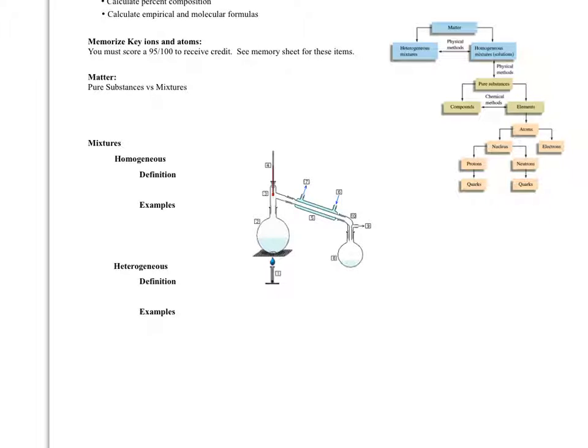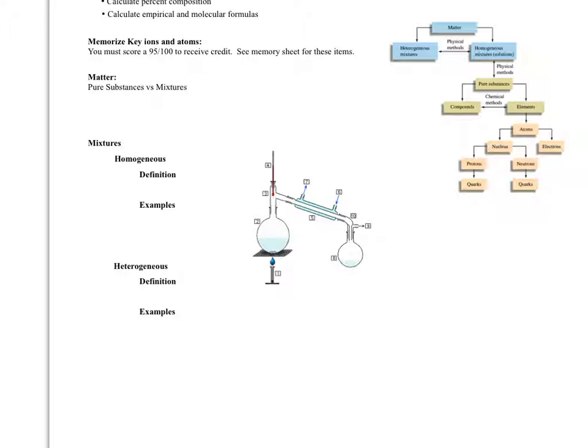The other thing that I want to talk about is when we talk about elements and compounds, right? We said they are pure substances. If they're pure, that means that they're consistent throughout. So what's another word for something that's consistent throughout? Homogeneous.